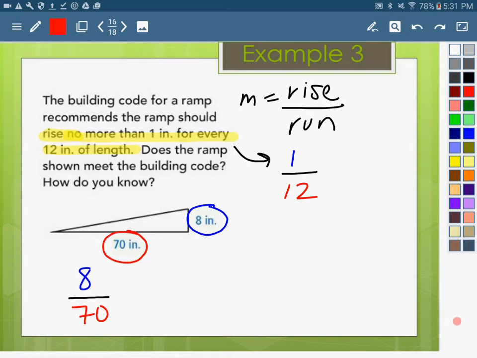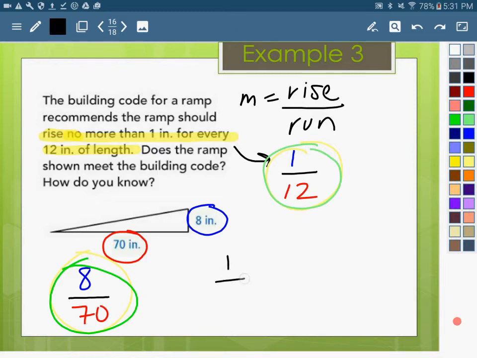So now we need to compare these two numbers. Basically, the question is saying that the numbers here on the ramp should not be more than the actual requirements. So if I were to write 1/12, I would want that to be more than 8/70.